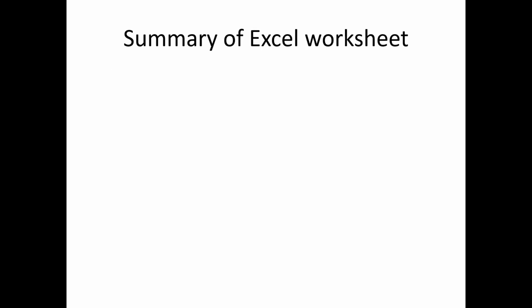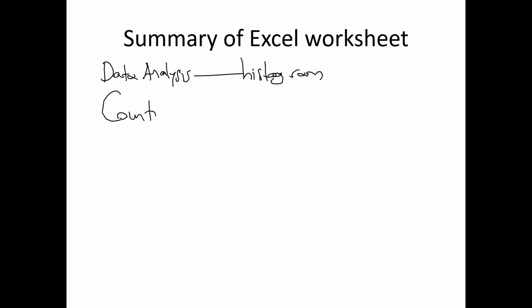Then comes the summary of the Excel worksheet. We have to go with the Data Analysis. This is very important for our case. We checked the histogram, and then we checked the COUNTIF function for our analysis, and we have the descriptive statistics.